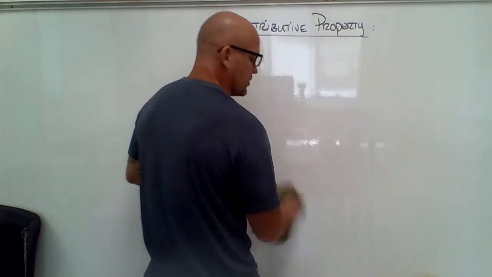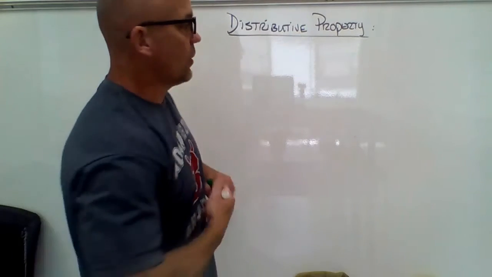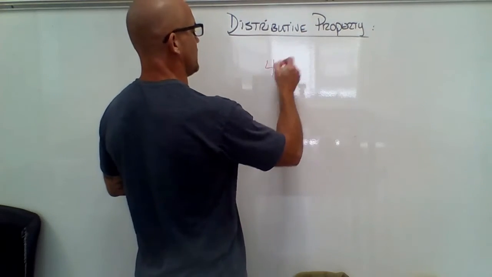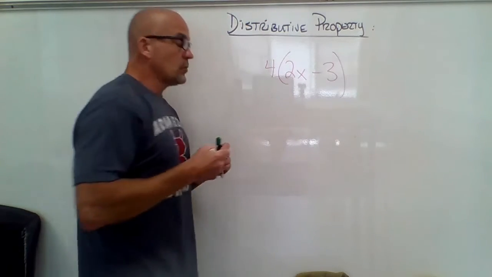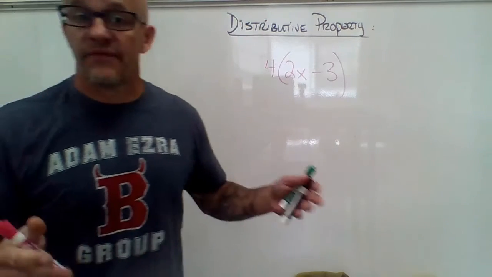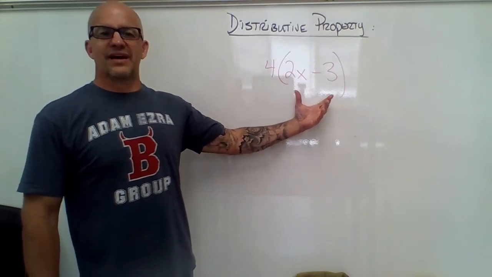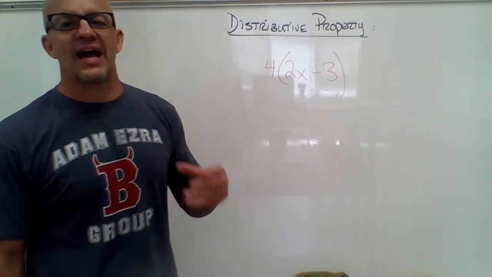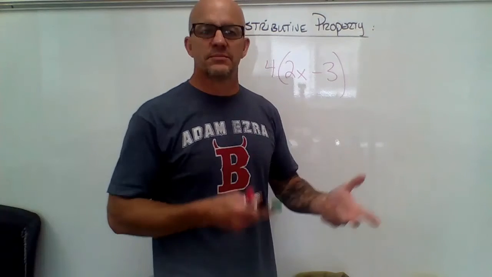So we're going to use that to our advantage to simplify expressions we normally could not. If I gave you something like 4 times 2x minus 3, let's start there. Normally we would say you have to follow your order of operations, but in this case, I can't take 2x minus 3 because I don't know what x is, so I can't actually perform that subtraction.